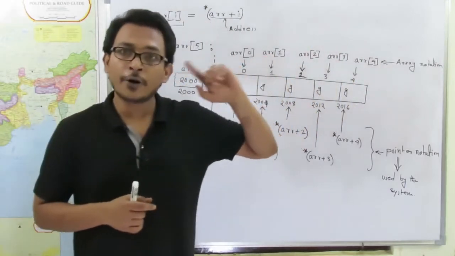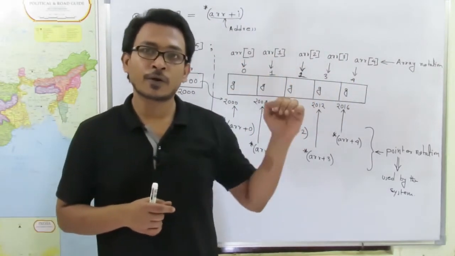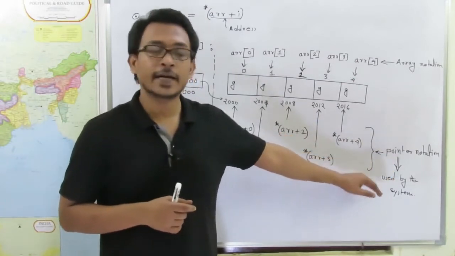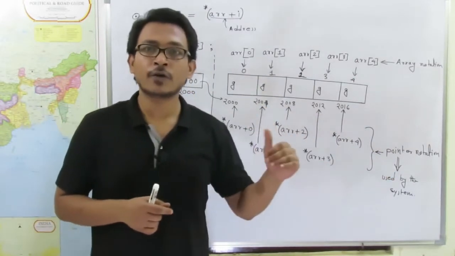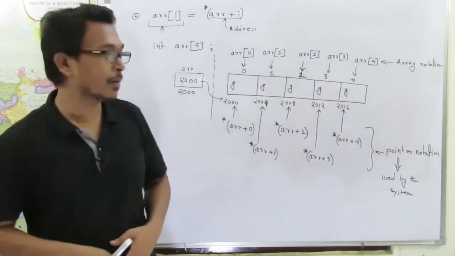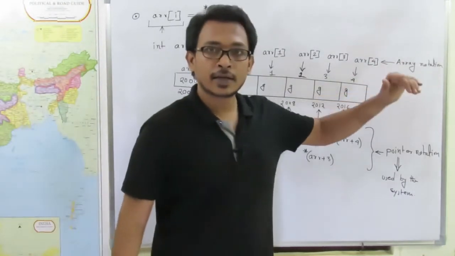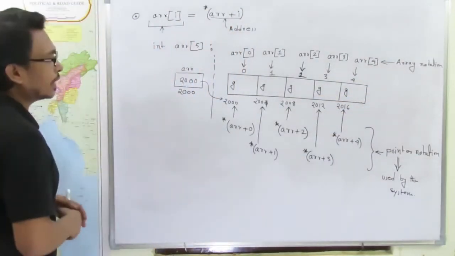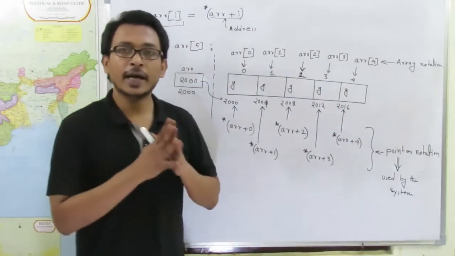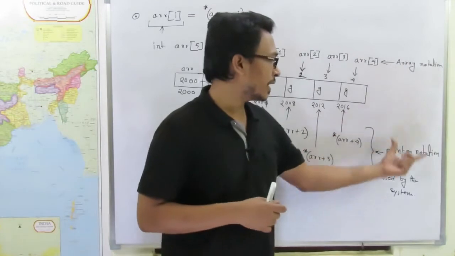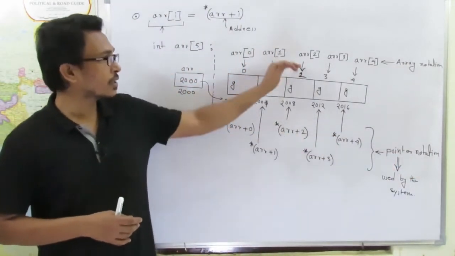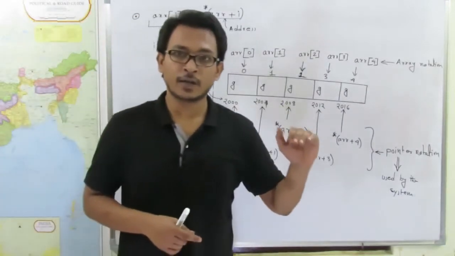So from the point of view of program execution, pointer notation is beneficial, but from the comfort level, array notation is easier. Clear? So that is how we can access all the elements from an array with the help of array notation as well as pointer notation, and both of these notations are equivalent.